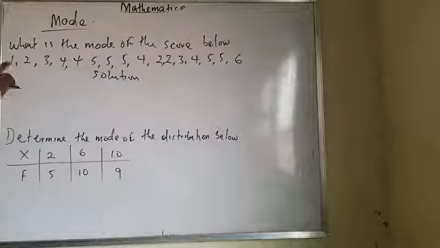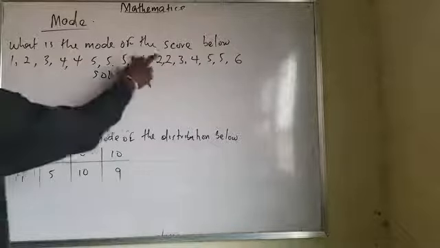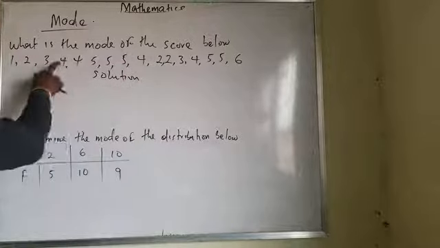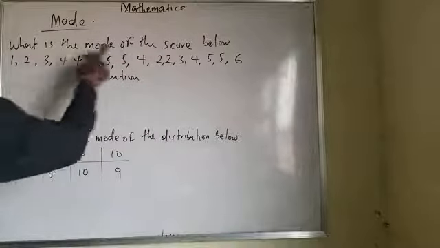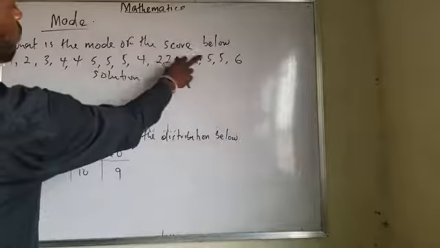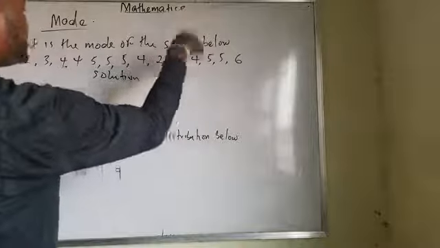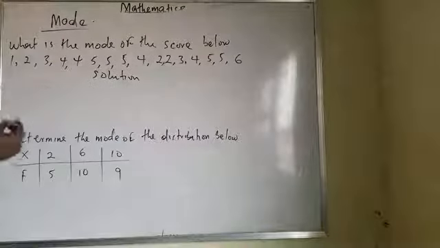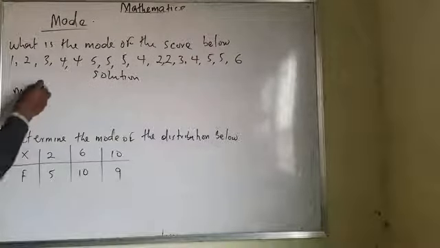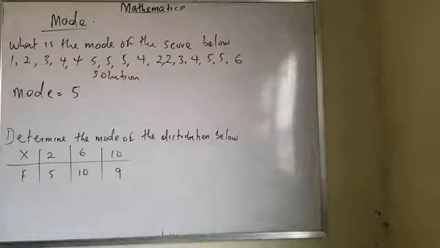Now, look at this. How many 1 am I having? The highest occurring is what? It means my mode is 5.